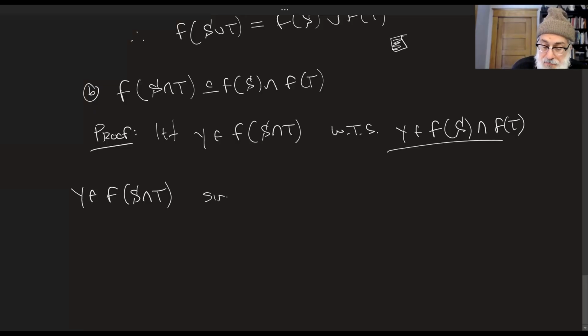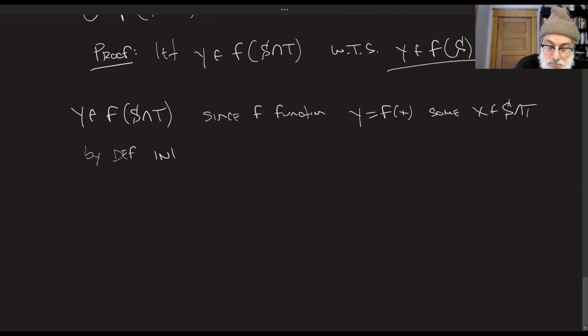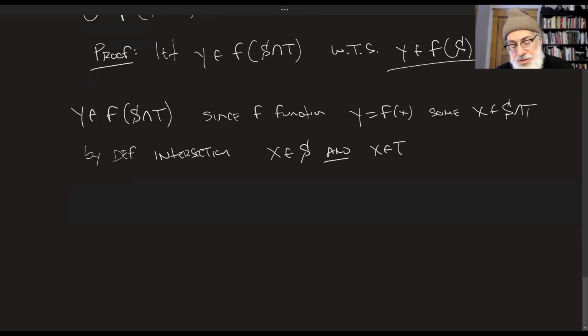Now, since f is a function, and we are in the image, there's a y equal to f of x for some x in S intersect T. Now, by the definition of intersection, that means that x is an element of S and x is an element of T. So again, the definition of intersection is an and statement, union's an or statement, which I screwed up in the first slide. Happens. Apologize. I think you'll get over it.